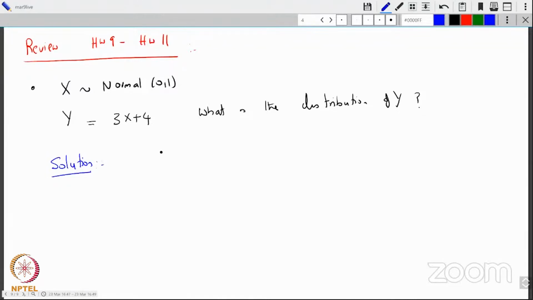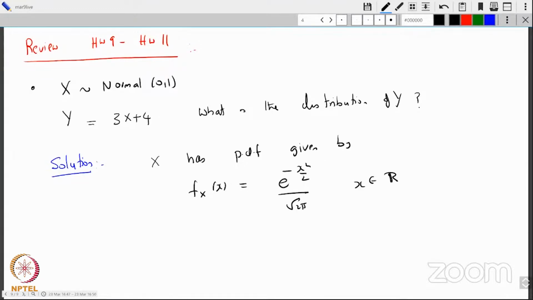So we know that X has the probability density function given by the standard normal, right? So f sub x at the point x is e to the minus x squared by 2 over root 2 pi for x in the real numbers. This is the density function of x.